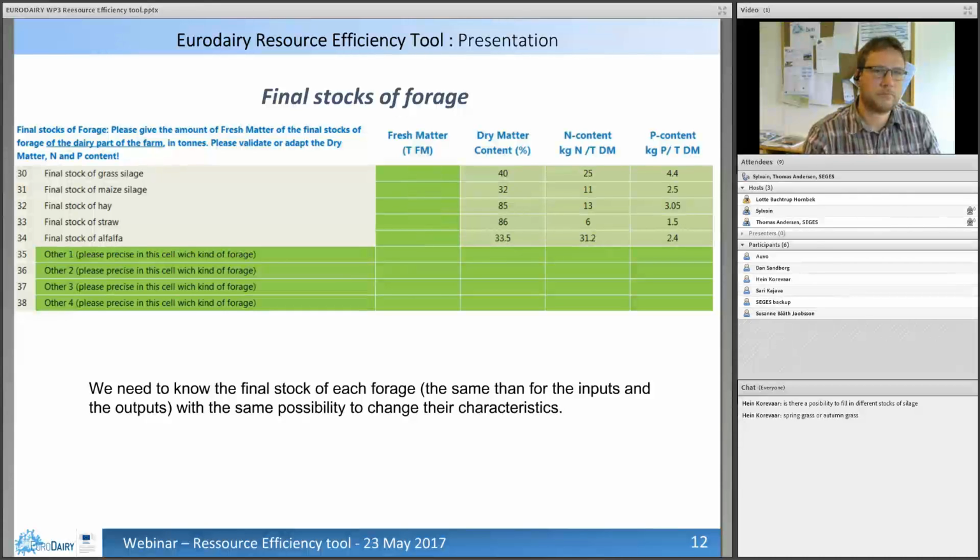For example, here, if you have two types of grass, you can fill in the last line in other one. For example, spring grass with the dry matter content, its nitrogen content and its phosphorus content, and in other two you can have autumn grass, for example, and all the information.